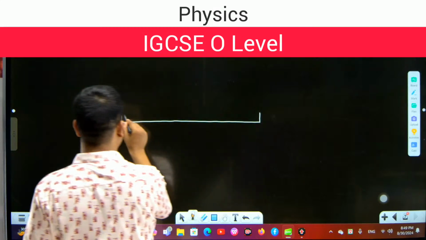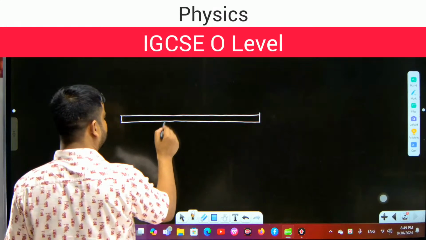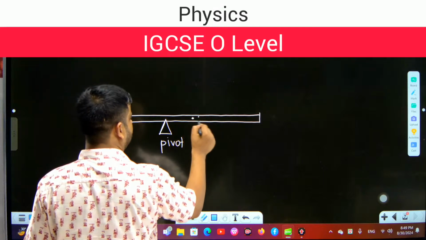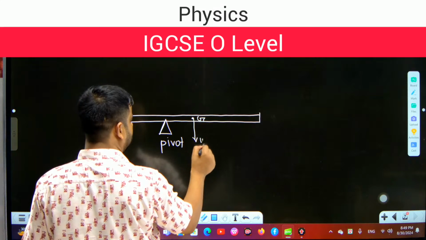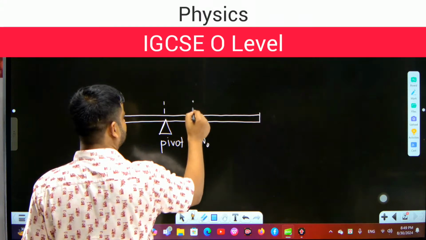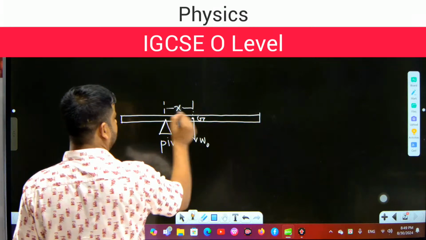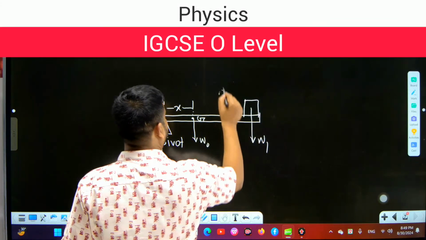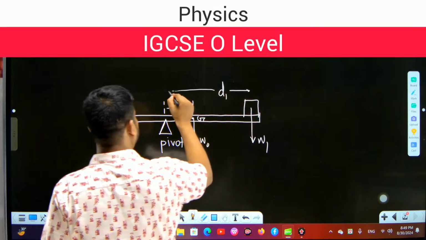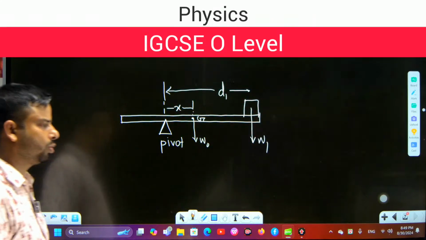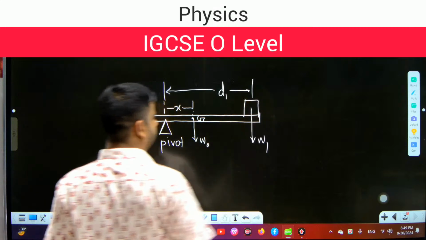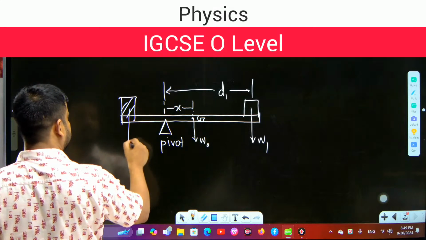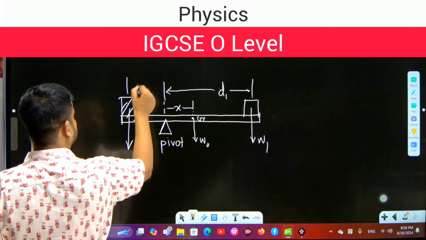Now if this uniform rod is pivoted here, and here is the center of gravity, that means the weight of the object acts here, and the perpendicular distance from the center of gravity to the pivot is x. There is an object of weight W1 at perpendicular distance D1, and another object's weight W2 acts here at distance D2.